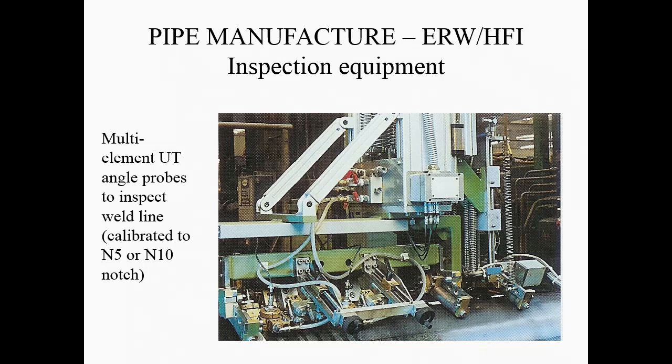You can see an angled one there, so we can measure different depths within the system. When we talk about ultrasonics, I'll explain this in a little bit more detail. What you're looking for is lack of fusion defects, and you calibrate therefore a notch or a depth crack in the system, and then you compare your ultrasonic responses to what you get from that calibration to know if you've got any of these things.